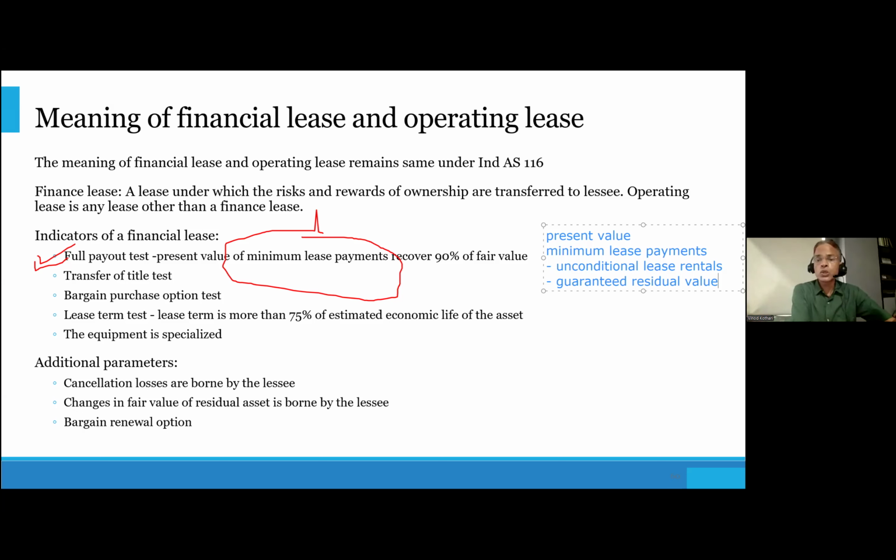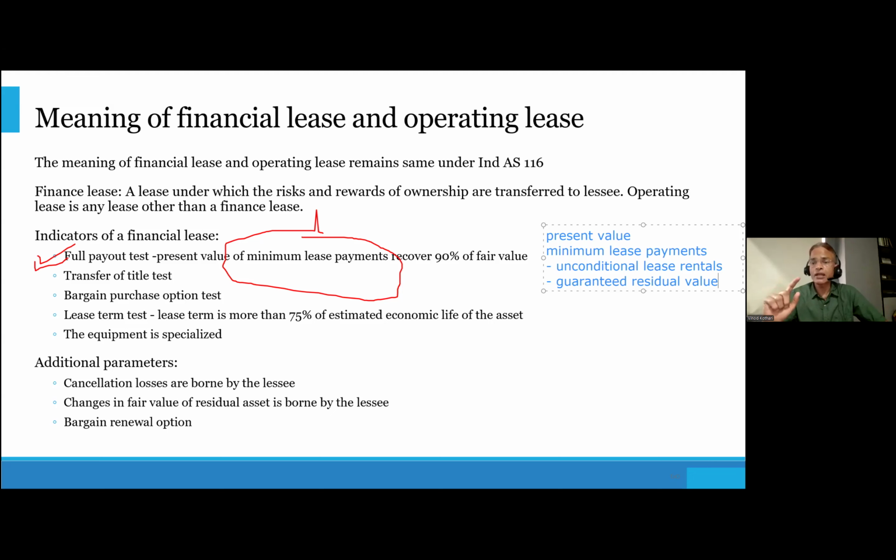Therefore, inclusive of the guaranteed residual value plus unconditional lease rentals, if I'm recovering in present value terms at least 90% of the cost of my investment in the lease, the lease should be regarded as a financial lease.